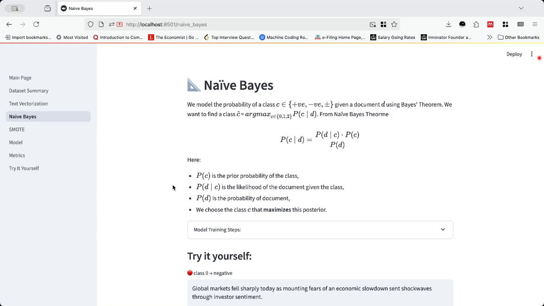Okay, so I have used the word count for this example, but it need not be the word count. Remember, in the previous episode, we talked about two text vectorization techniques. We talked about bag of words and we talked about TF-IDF.